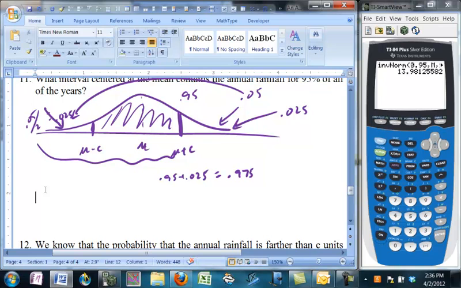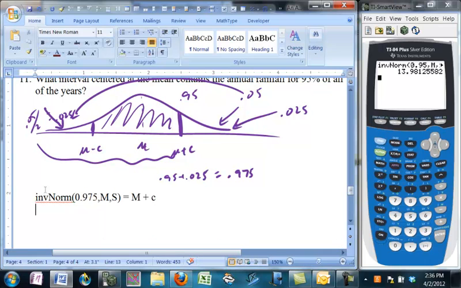So that means the cumulative area, if we do inverse norm of 0.975 with that mean and standard deviation, what we'll get is the mean plus C, which will be the upper end of our interval.